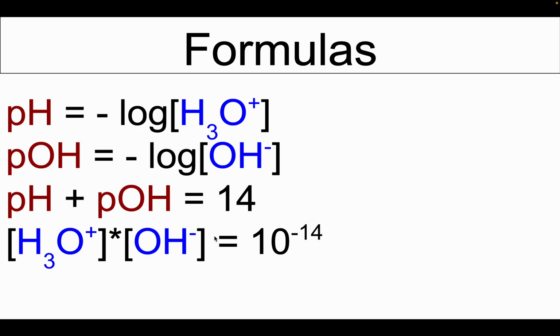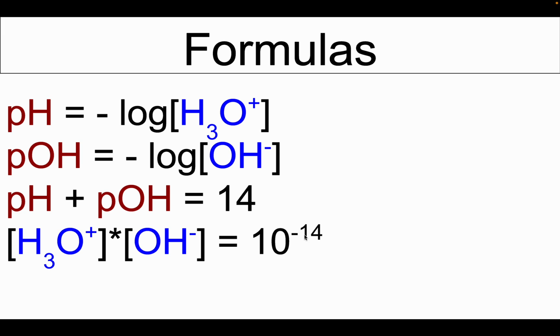The pH is the negative log of the hydronium concentration, the pOH is the negative log of the hydroxide concentration, the pH plus the pOH will always add up to equal 14, and the hydronium concentration times the hydroxide concentration will always equal 10 to the negative 14th.